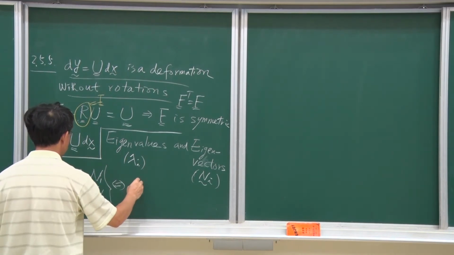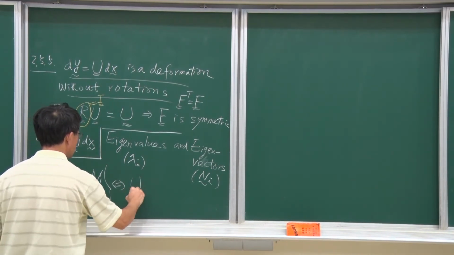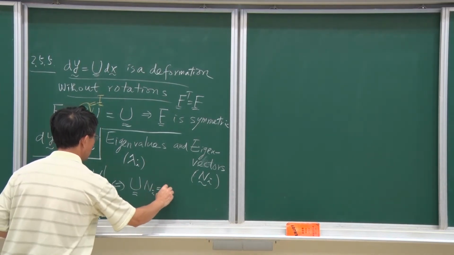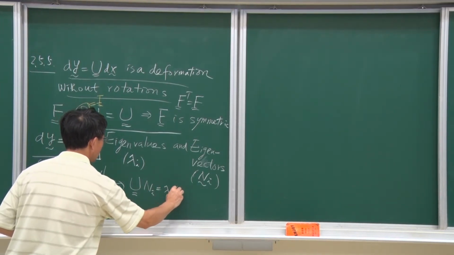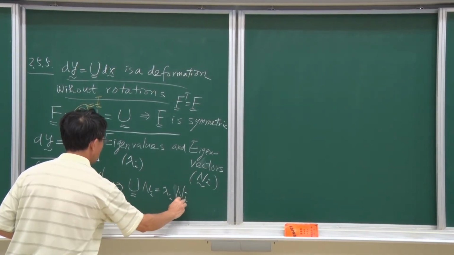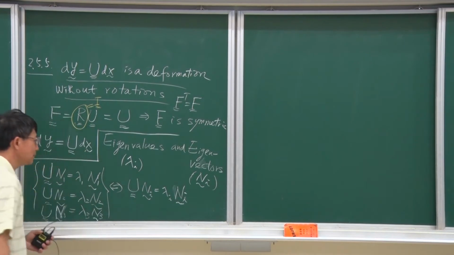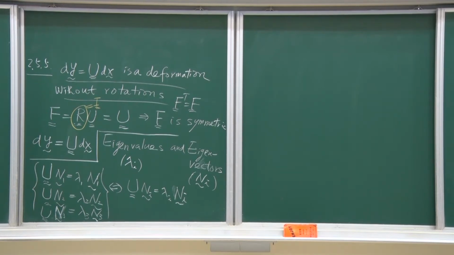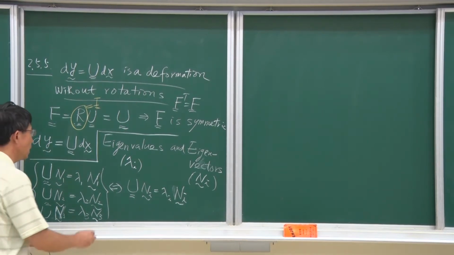I should write the whole set as this. Okay, this is the general form of the eigenvalue problem.